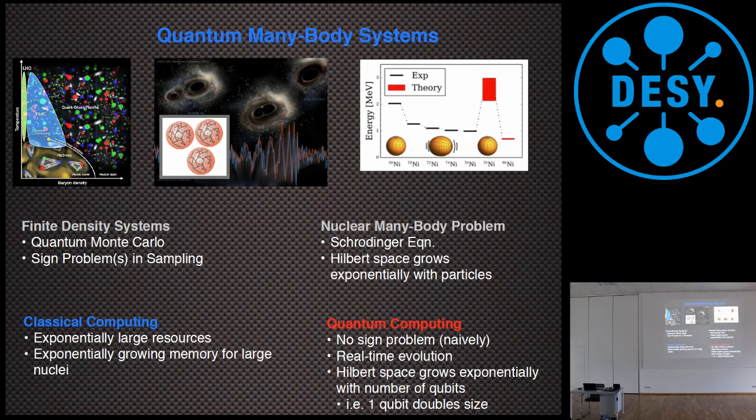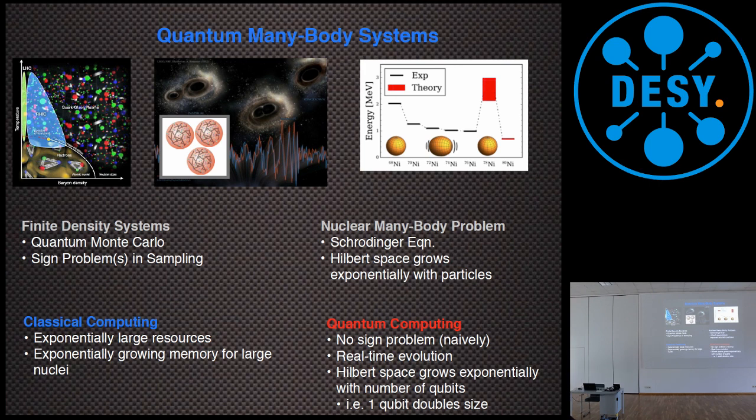Okay, so on quantum many-body systems, finite density systems are typically attacked with classical computing, quantum Monte Carlo. This is probably going to persist through into quantum computing. And the issues that we heard about this morning, the sign problem and sampling, are a real limitation as one increases the density. For nuclear many-body problems, one typically uses the Schrödinger equation, and the Hilbert space, as I mentioned before, grows exponentially with the number of bodies.